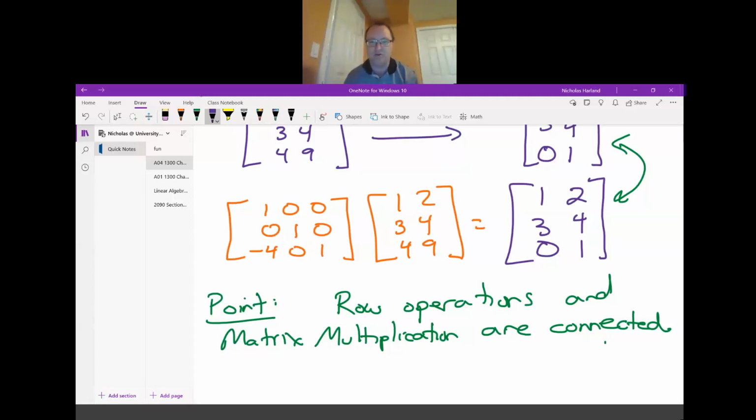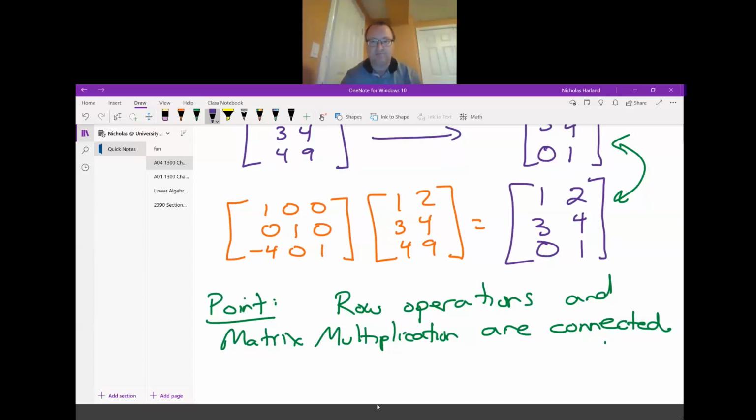In other words, our method is going to use row operations to help us find the inverse. So instead of having to guess and check matrices to multiply, we're going to use row operations to help us. So that's the idea of what elementary matrices do.